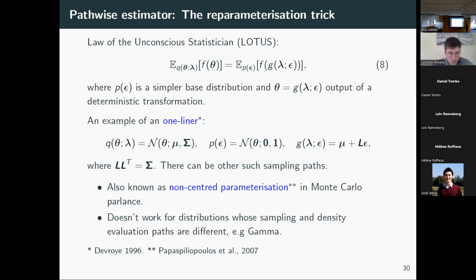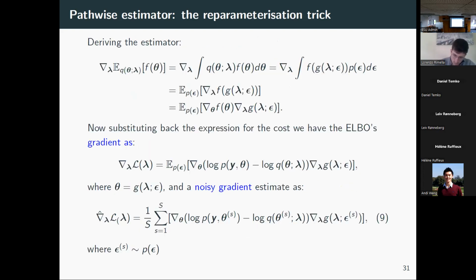So not all distributions work. There is some work where you can frame it in a different way, but this is the standard way. And obviously the Gaussian is very popular because of that simple affine transformation, right? Because now you have changed your integration with respect to theta to with respect to epsilon, the limit goes inside your integration as long as f and g are differentiable. So no problem with that.